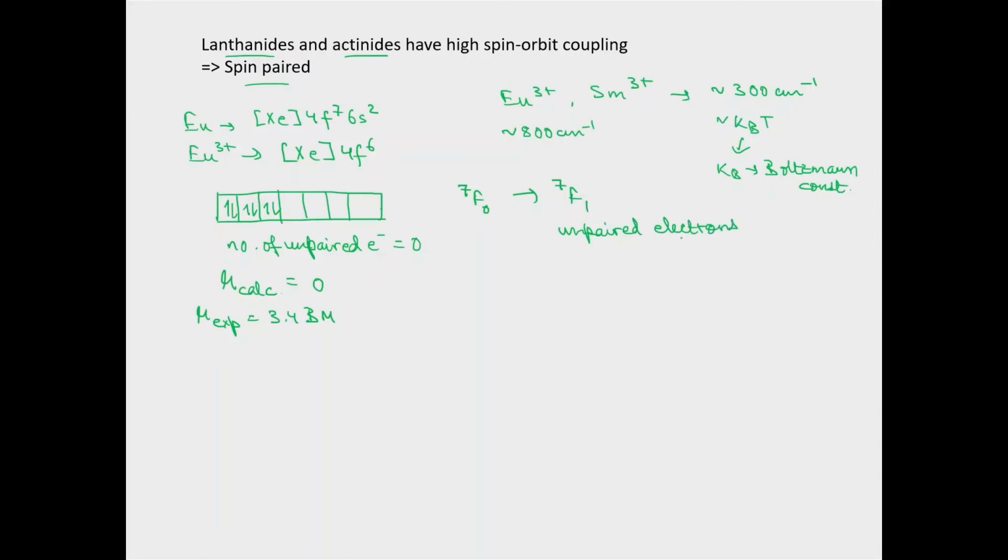So because of this comparable energy with kBT, thermal excitation can take place in the case of europium and samarium 3 plus, as a result of which electrons travel to higher levels, we get unpaired electrons at that level, and hence the magnetic moment is not equal to zero.